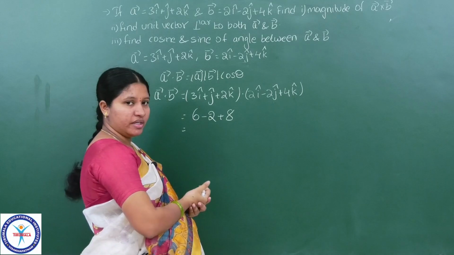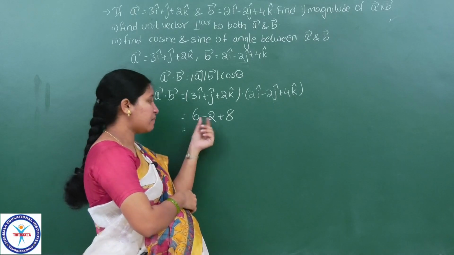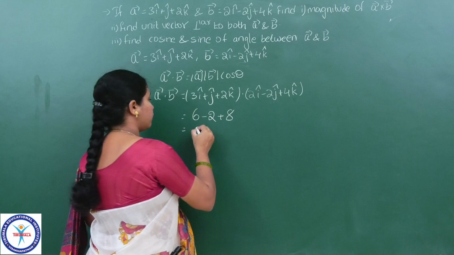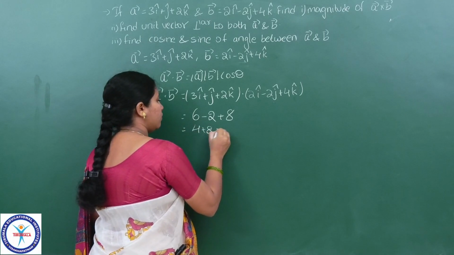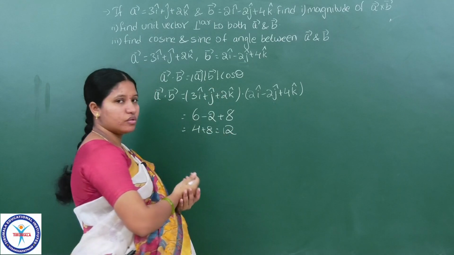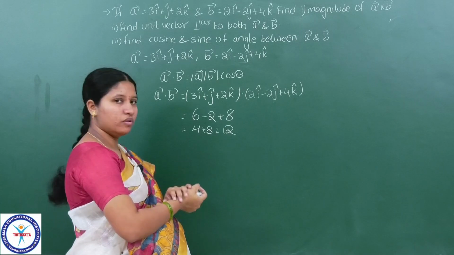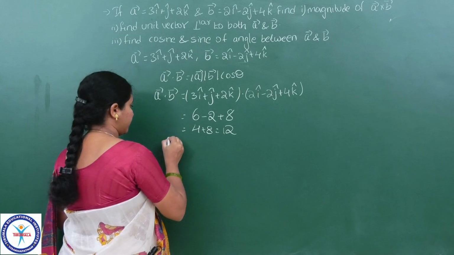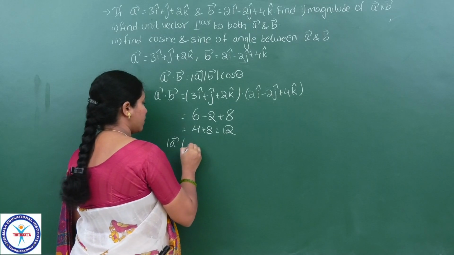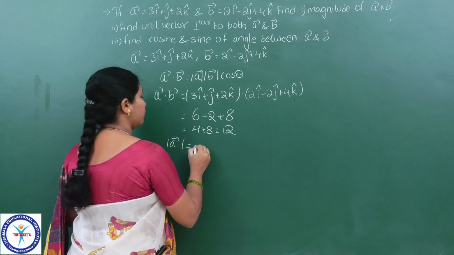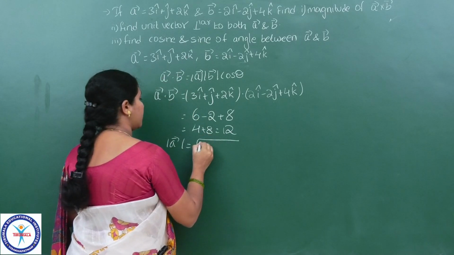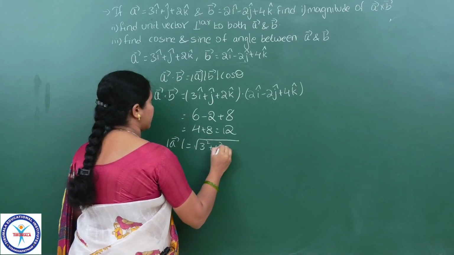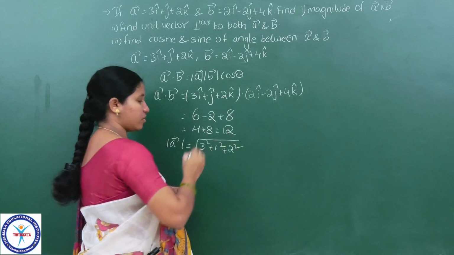So what will be A bar dot B bar value, means 6 minus 2 gives us 4. So 4 plus 8 is equal to 12. So A bar dot B bar is equal to 12. Now let us find what is modulus of A bar. Modulus of A bar is equal to square root of 3 square plus 1 square plus 2 square.